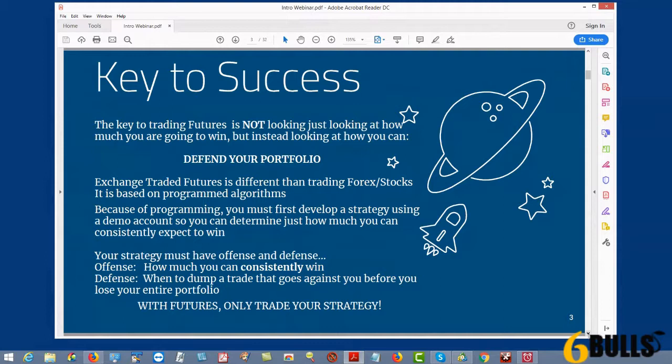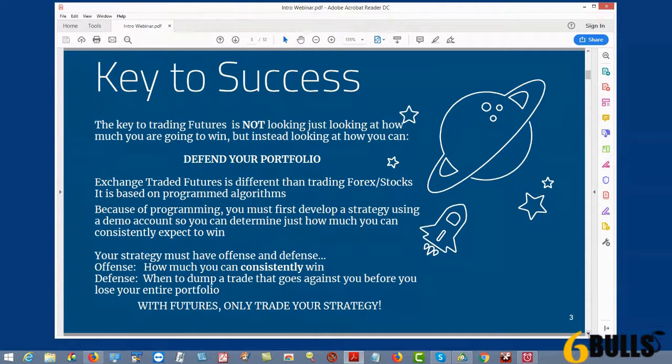And that is, when you're trading, instead of looking at the current trade, looking at how much money you're going to make on that trade, the first thing you should always worry about is how you're going to defend your portfolio, the money you already have on account. You always want to worry that that money is secure before you worry about making future money.